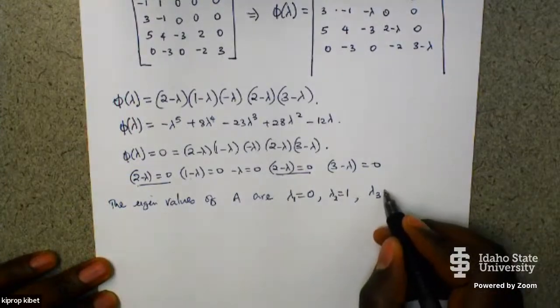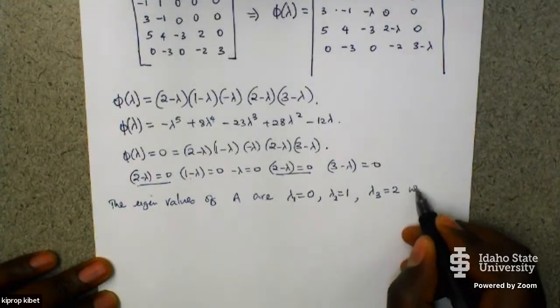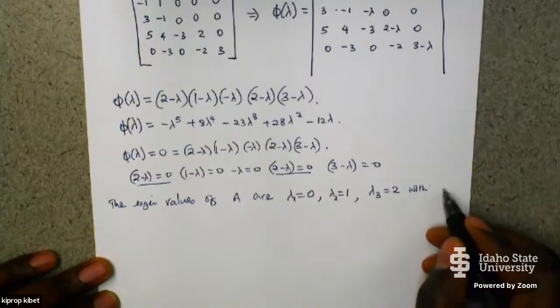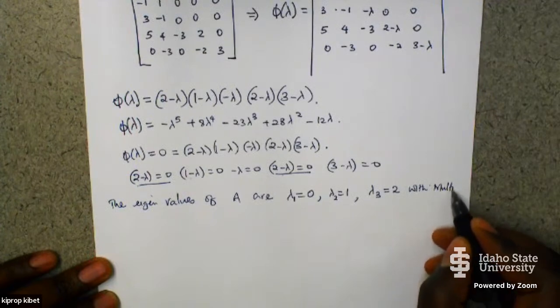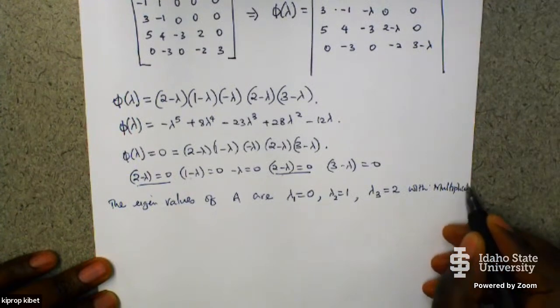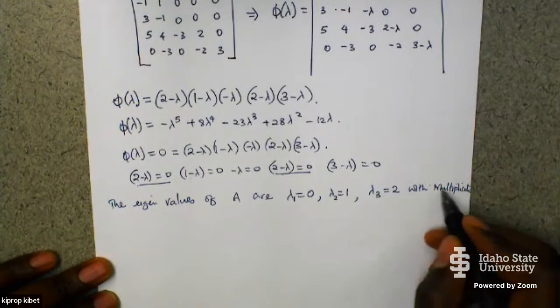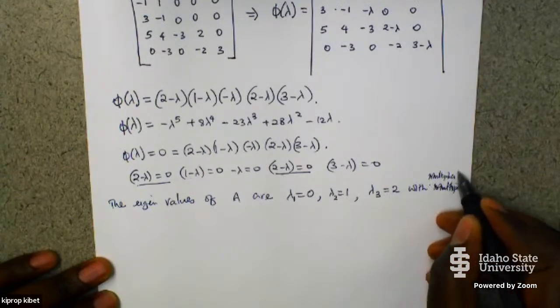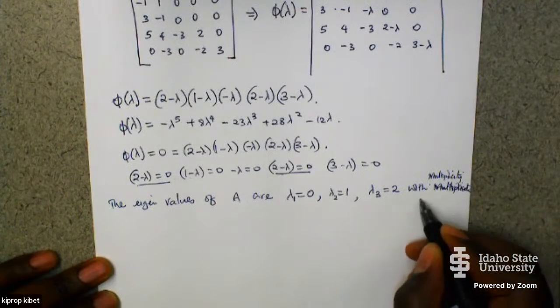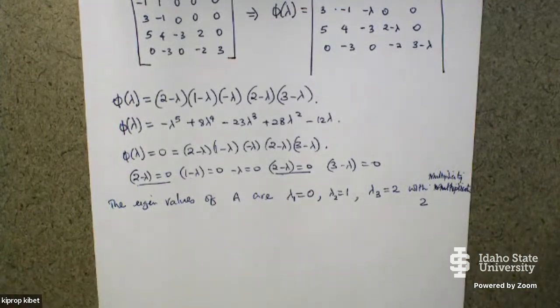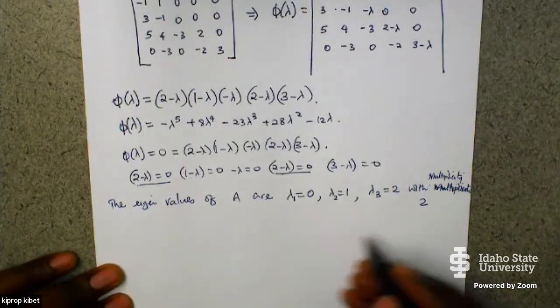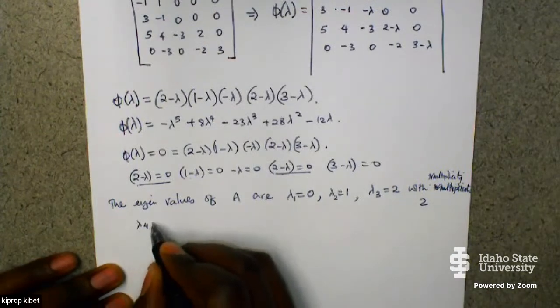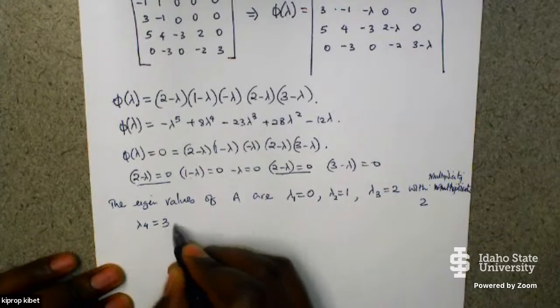So lambda equals 2 with multiplicity 2. So there are 2 of them. And then finally, our lambda 4 equals 3.